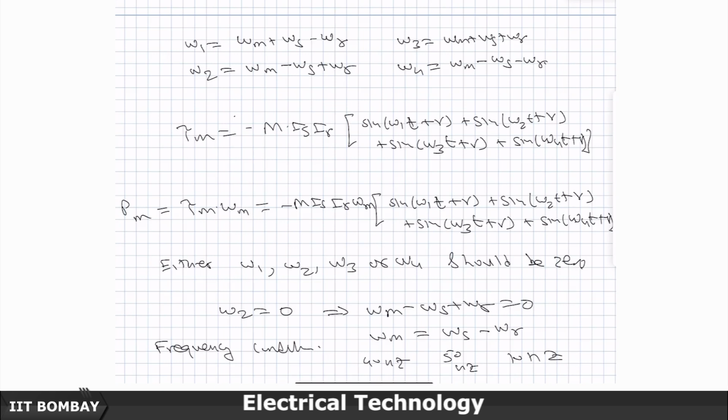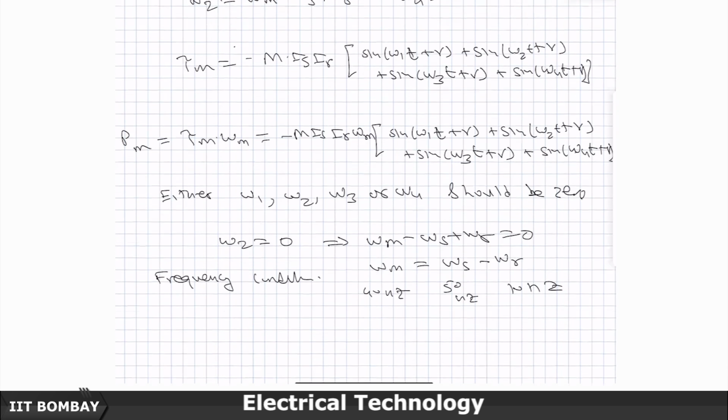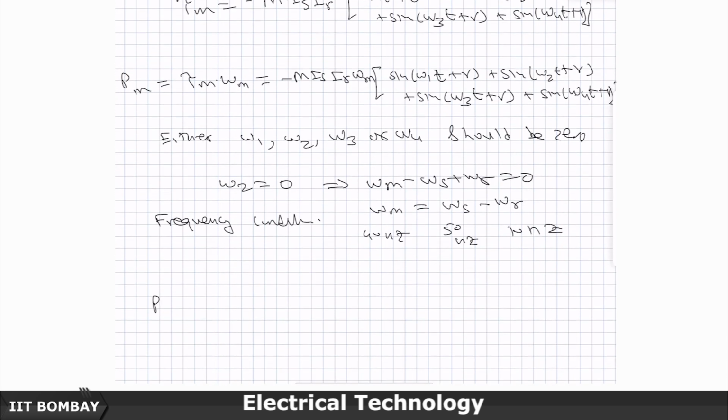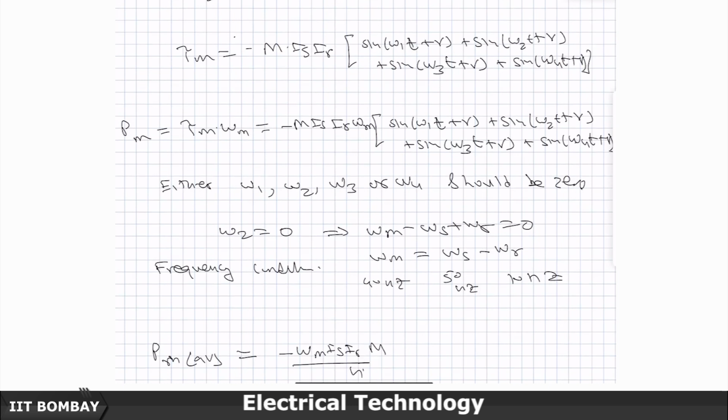It is the second term, omega 2, which goes to 0, and if this happens, the other 3 terms will not go to 0. So, they will not provide you any average torque, and so P m average is just going to be equal to minus omega m I s I r m by 4, and this omega 2 has gone to 0.